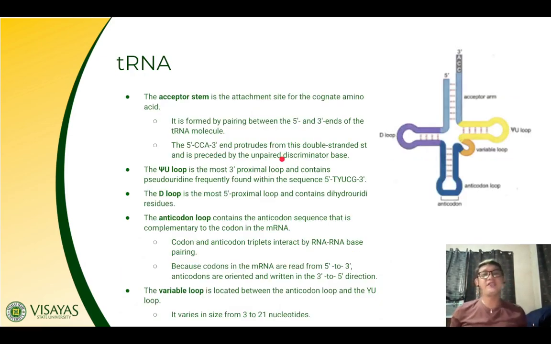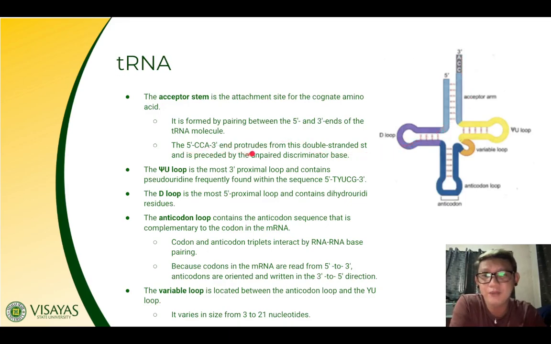What are the functions of these different parts of the tRNA? The acceptor stem is the attachment site for the amino acid, because it has the sequence CCA. It is formed by pairing the 5' and the 3' ends of the tRNA molecule.